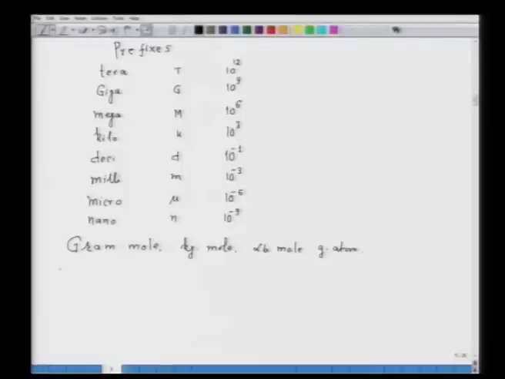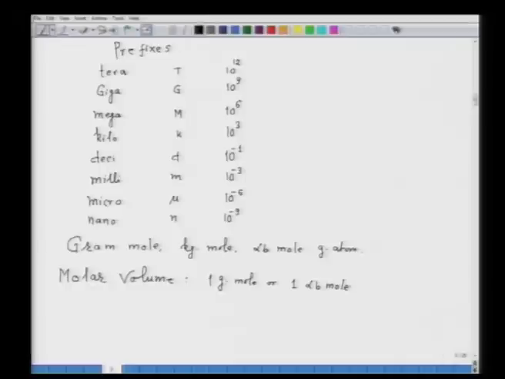Now, it is also necessary to define here the molar volume. Now, this molar volume is defined either on the basis of 1 gram mole or 1 pound mole.